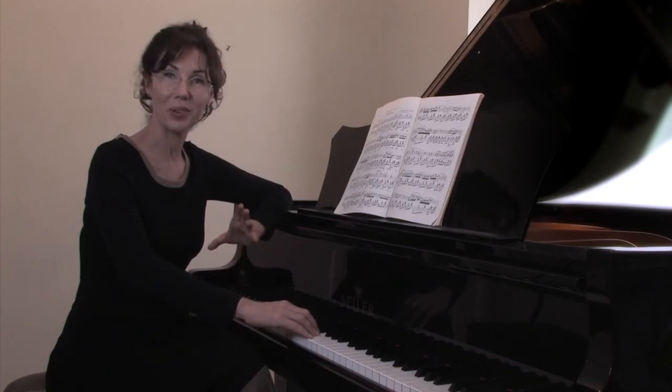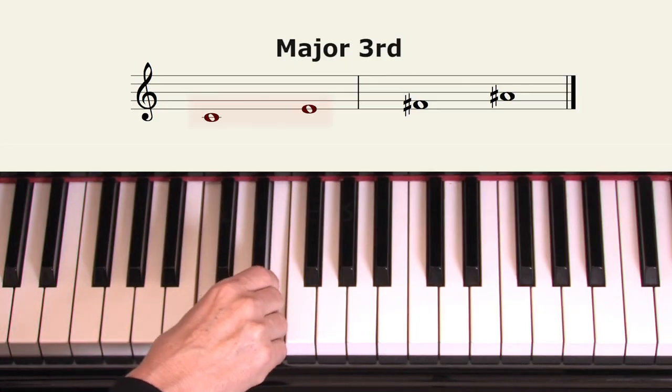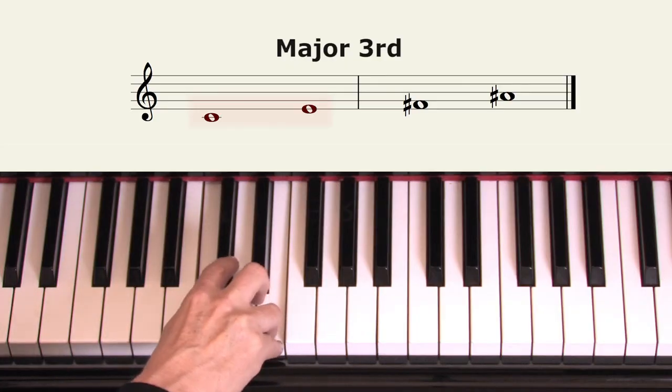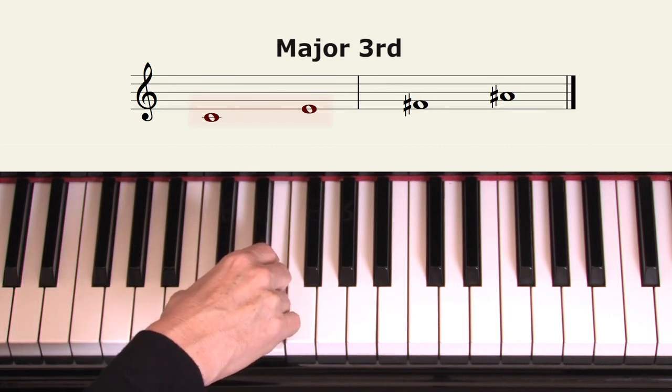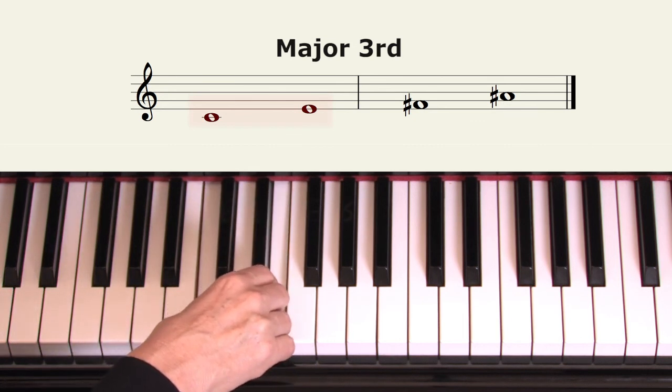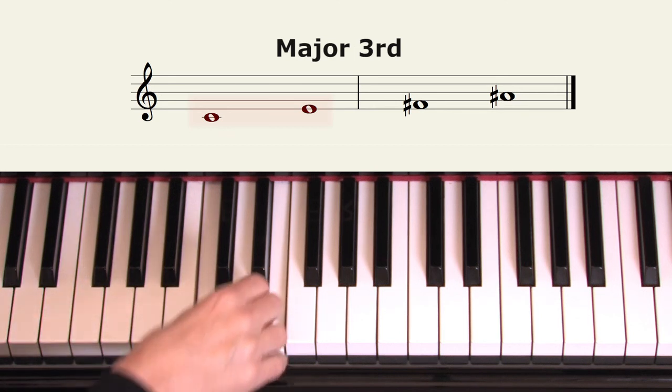Let's have a look at another one. C to E will always be 1, 2, 3, 4 semitones apart. C to E is our major third. We know it's a major third because we've organised that already in the key of C major.